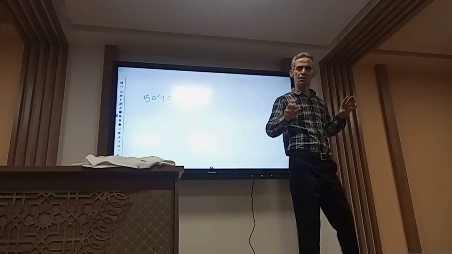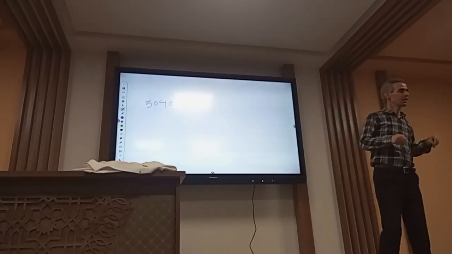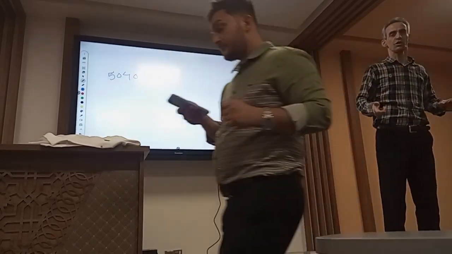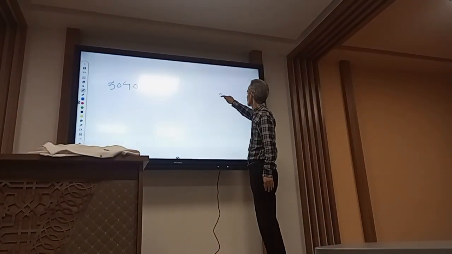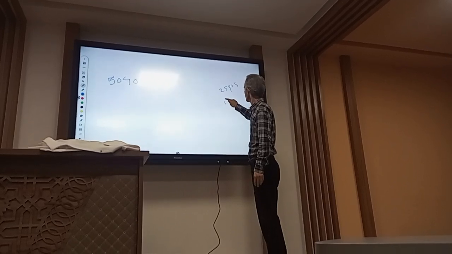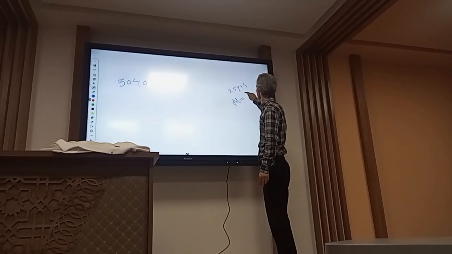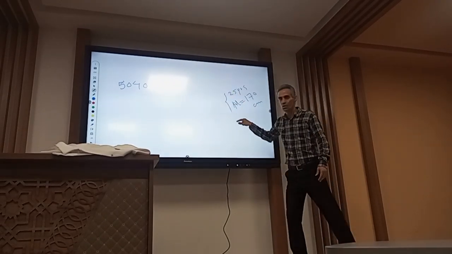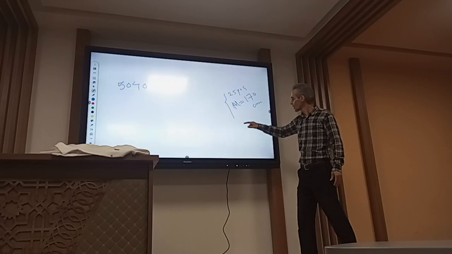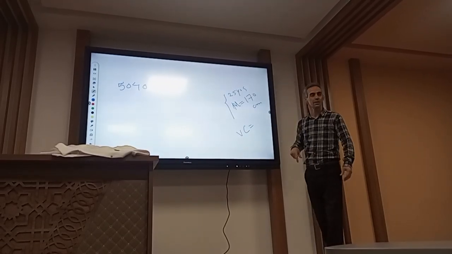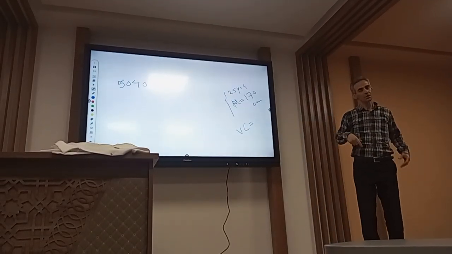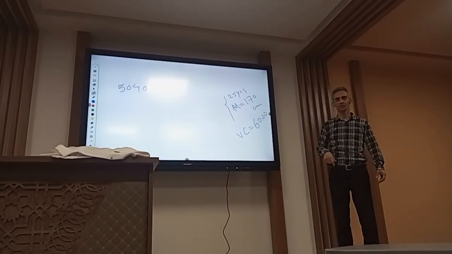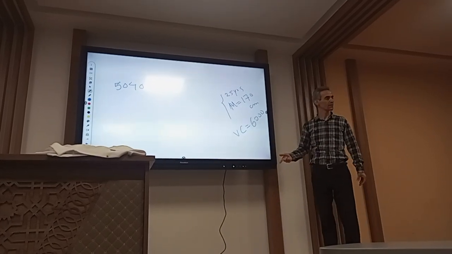Consider, for example, I did the spirometry for a male patient of 25 years and a height of 170 centimeters. For example, the vital capacity of this patient is about 6,000 milliliter.